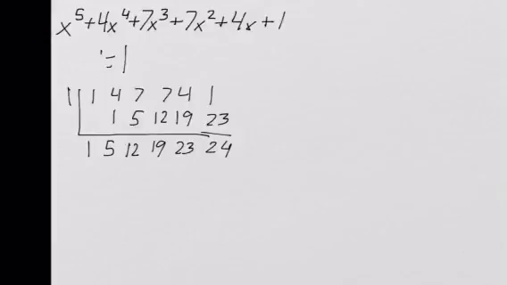I'm going to rewrite my list a little bit to make things more clear. So 1, we've eliminated as a possibility for being a root. So we'll now check out negative 1. I'll use synthetic division again.